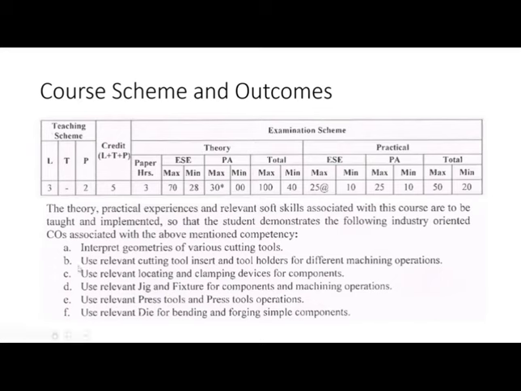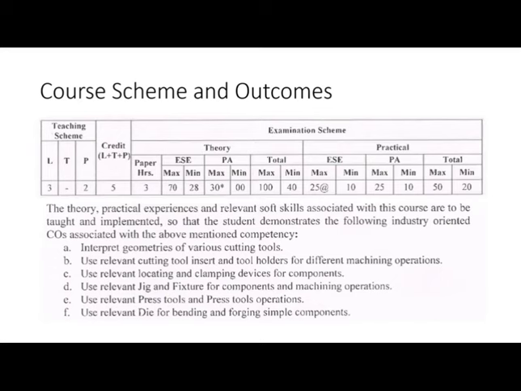The second CO is to use relevant cutting tools, inserts and tool holders for different machining operations. Here you must identify a relevant cutting tool, insert and tool holder for different machining operations. In CNC machines you may find different inserts.